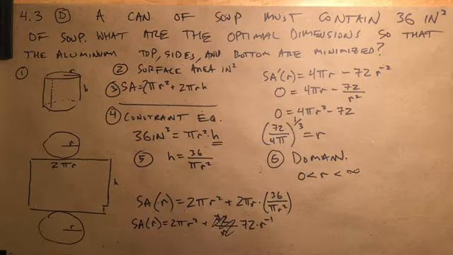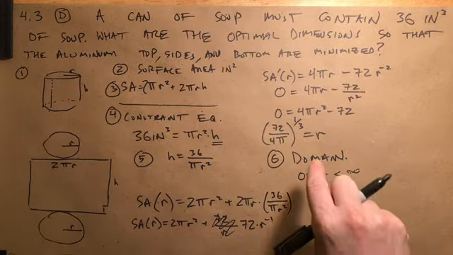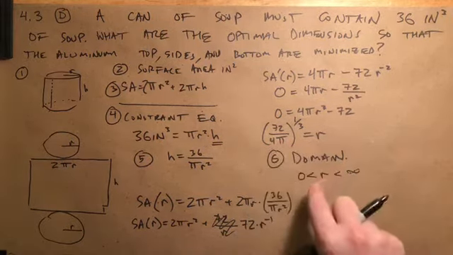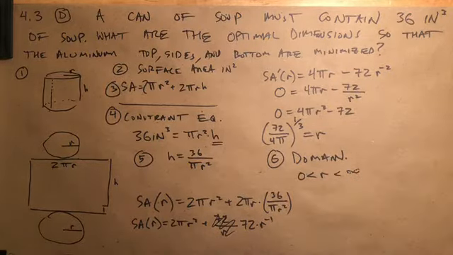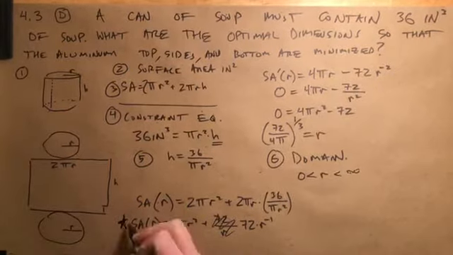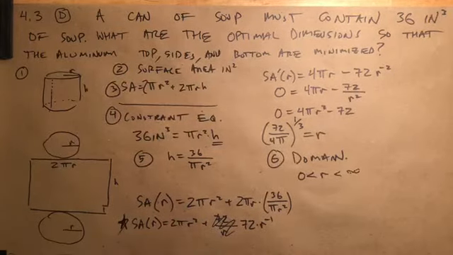So we're testing a couple things here. We're testing this value. We're going to test 0, and we're going to test infinity in our original equation, to see which one optimizes our solution. And I think that you should see what's about to happen here.